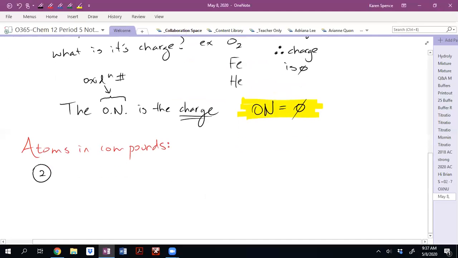So if I have an alkali metal, and if you recall, those are lithium, sodium, potassium, rubidium, cesium, francium. If those are in compounds, what is their charge?